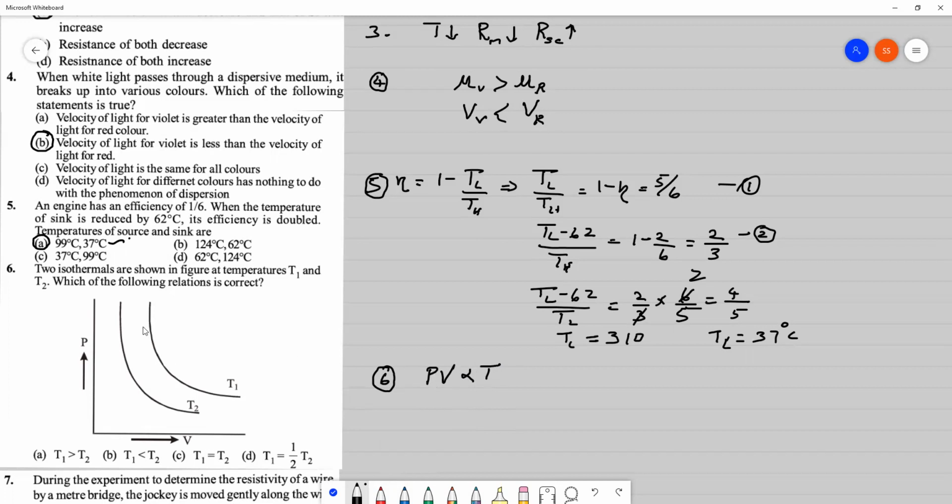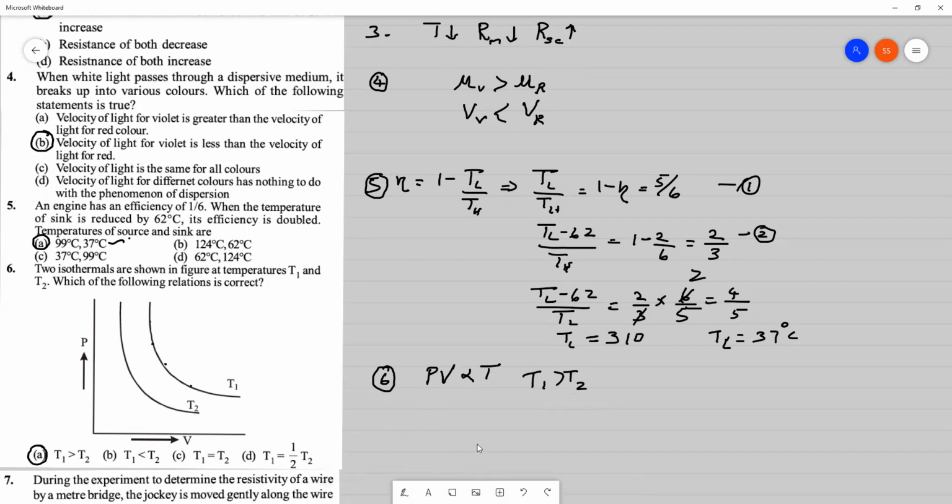That means every point on this isotherm will have a greater product of pressure and volume than every point on the other. That means T1 is greater than T2, which means the correct answer is A.